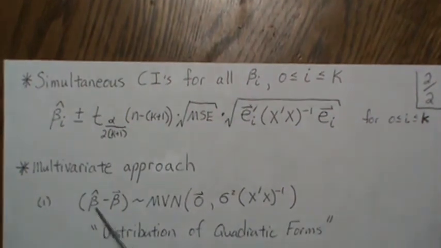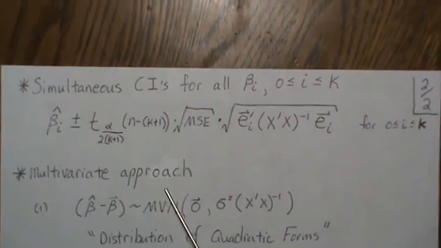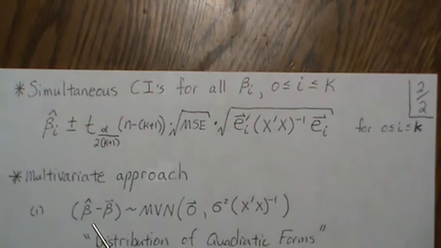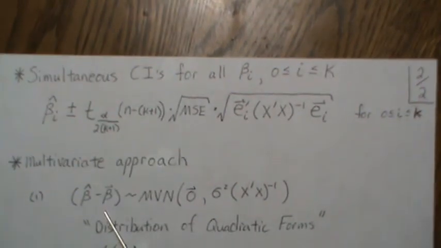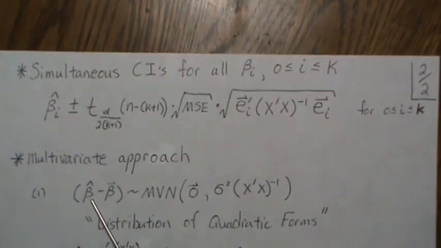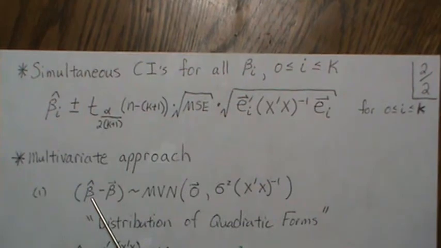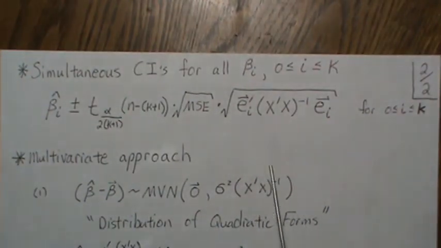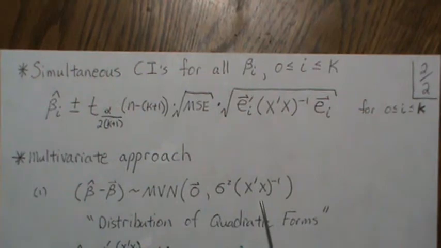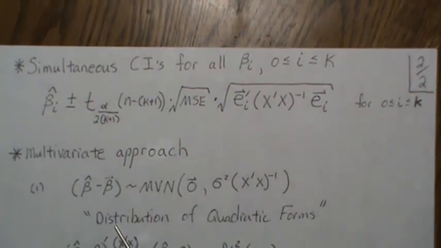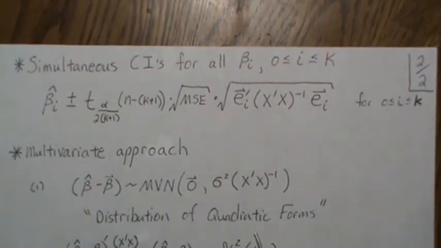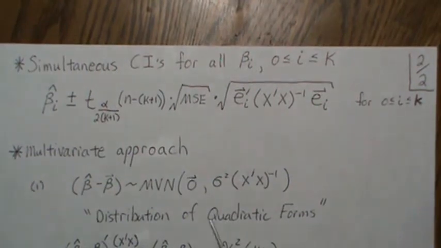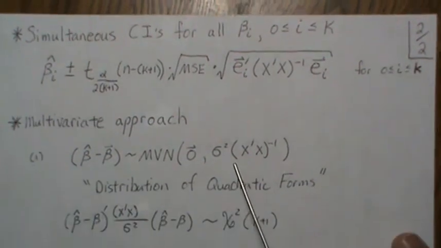Now let's do a little multivariate approach for confidence intervals. We have shown that beta hat is multivariate normal. So if we subtract its mean, which was beta, it becomes multivariate normal with mean 0, but it has the same variance covariance matrix. Now we're going to defer to my videos called Distribution of Quadratic Forms, where we can just instantly know distributions.